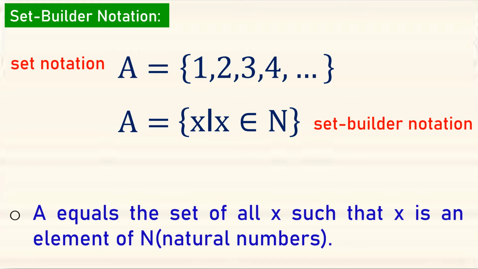So we can read this as A equals the set of all x such that x is an element of N, which is the natural numbers. Remember that this bar is read as such that.